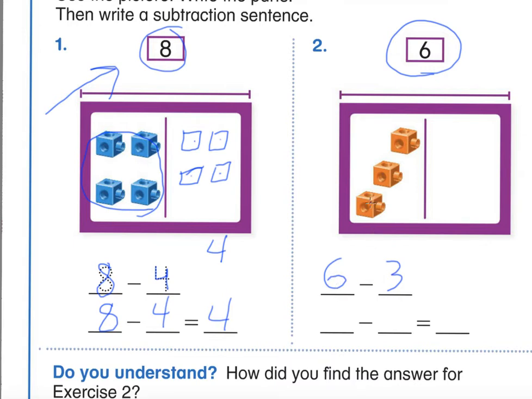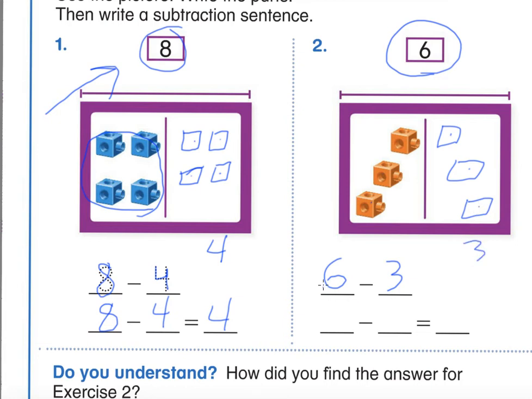So 6 minus 3. Okay, let's start counting on from 3 and see what number we get. So 3, 4, 5, 6. So I counted to 6 now. So let's look at what number it gave us. So let's count these out. 1, 2, 3.